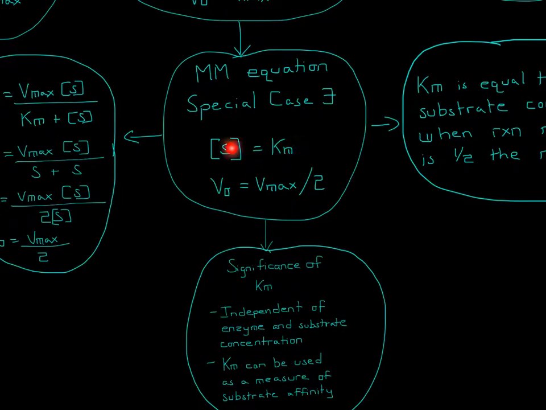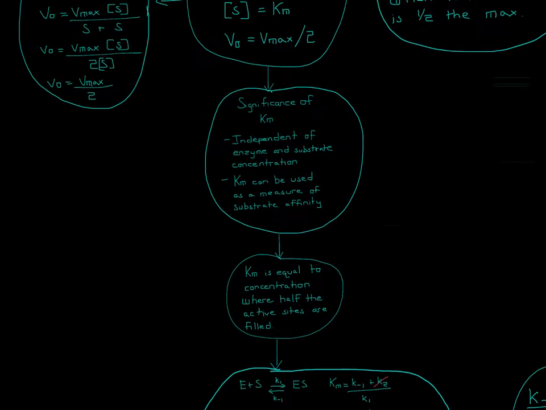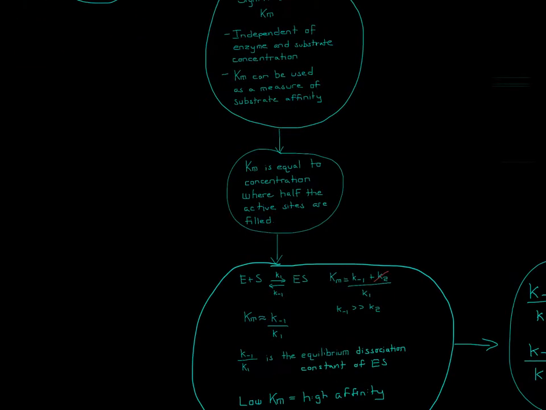Vmax is the total if all enzymes were filled with the substrate, so Km is equal to the concentration where half the enzymes are filled with substrate.